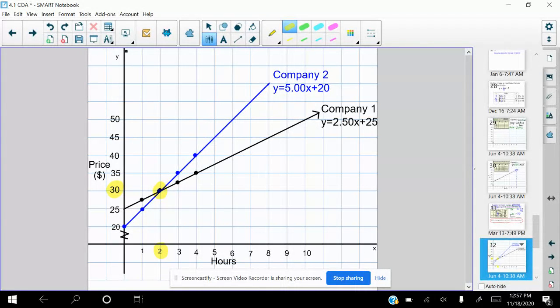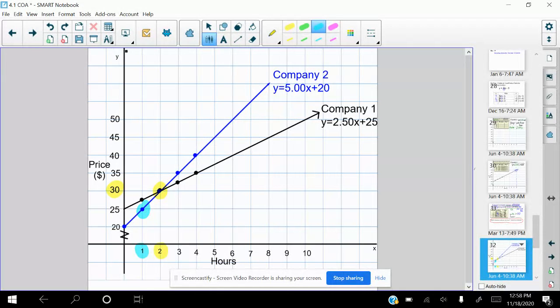So if you happen to rent for only 1 hour, which one is cheaper? Well, if we look at 1 hour, which I wanted to be in blue, come on now, that's now green. Goodness golly, Miss Molly. If we look at 1 hour, what has the lower cost?